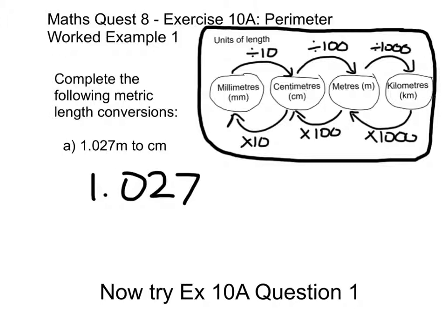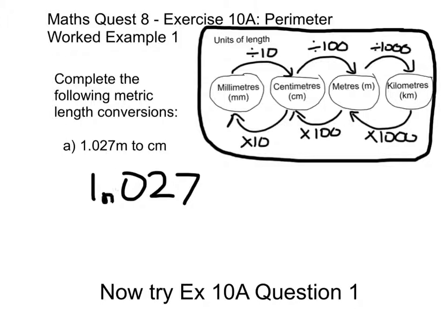So what I do is I say to myself, in 100 there's 2 zeros. So I have to jump my decimal place 2 jumps to the right. It's 2 jumps to the right because we're multiplying, we're increasing our number.